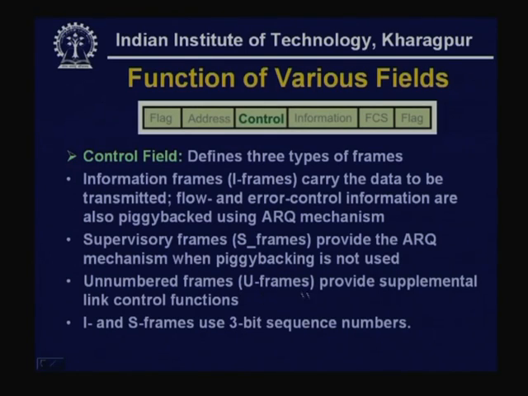Unnumbered frames provide supplemental link control functions, and I and S frames use 3-bit sequence number, as we shall see. So, the flow and error control that is being used here will be explained, how it is being done.